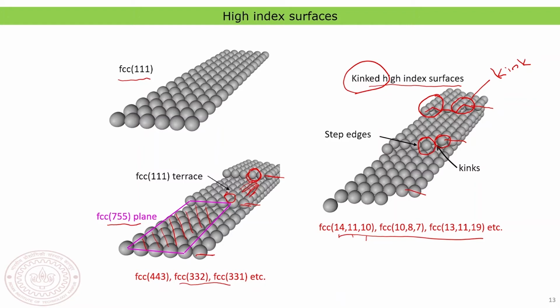So this means that when you create kinked high index surfaces, you are creating surfaces with a lot of atoms having lower coordination. In general you are creating rough surfaces, which means you are creating reactive surfaces.